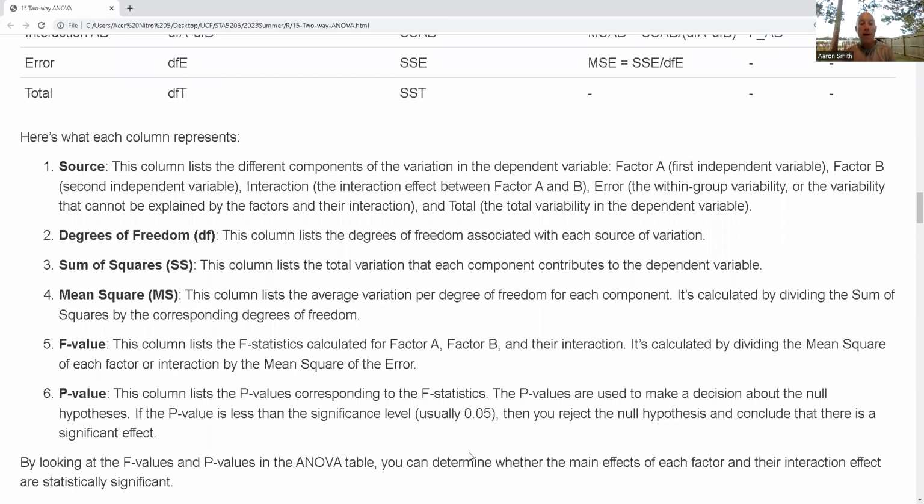By looking at the F values and p-values in the ANOVA table, you can determine whether the main effects for each factor and their interaction effects are statistically significant. Typically, if we say that the interaction effect is statistically significant, we will most of the time conclude that all corresponding main effects are also statistically significant.